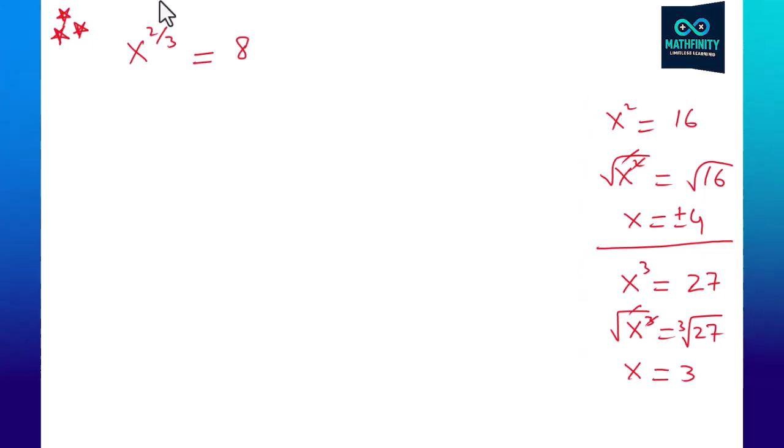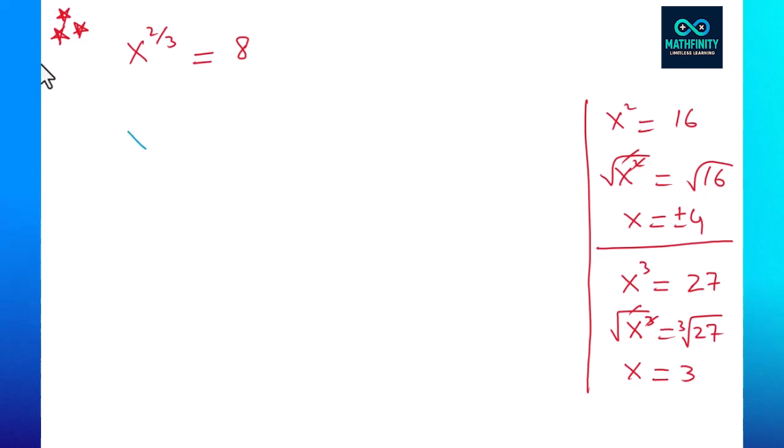What we have to do if the power is fractional is take the opposite of this power on both sides, or you can say the reciprocal power. We have 2 by 3, so you have to take 3 by 2 on both sides.